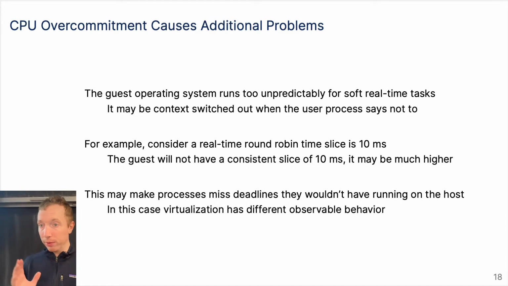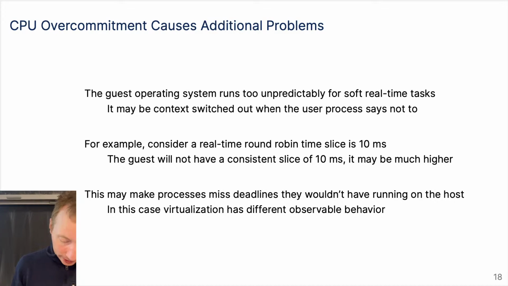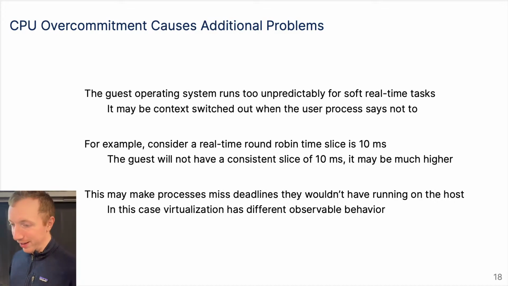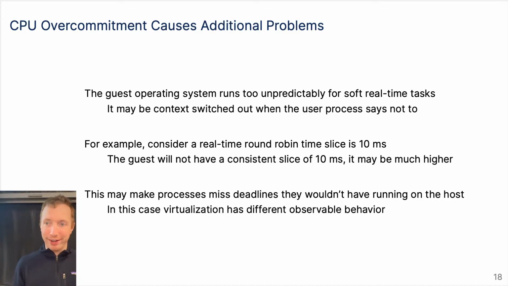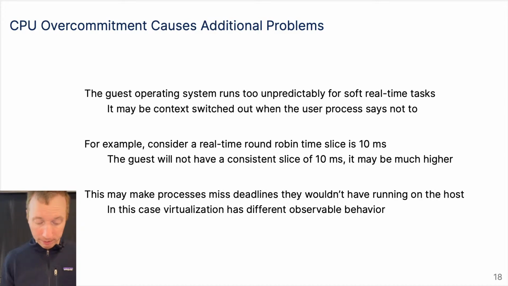So your time slices that were consistent running on real hardware are now not going to be consistent because you're just a guest and you get context switched at will. So in this case, virtualization does cause different observable behavior, which is not something you want. If you are super sensitive to timing, you still probably want to actually run on the hardware where you have more control.